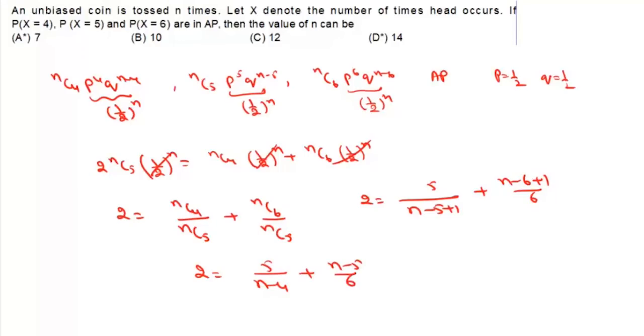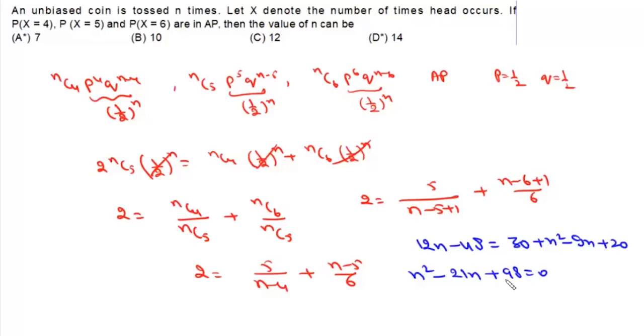Now if we simplify this, we can write this as 12n minus 48 will be this 30 plus n square minus 9n plus 20. So it will be this n square minus 21n plus 98 equals 0.